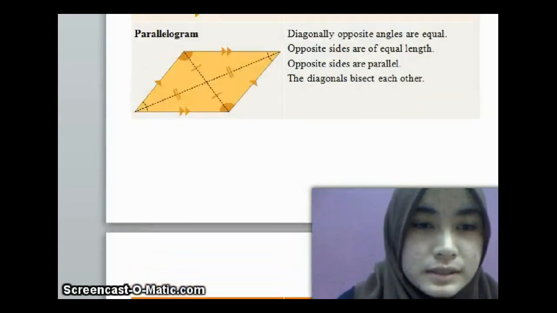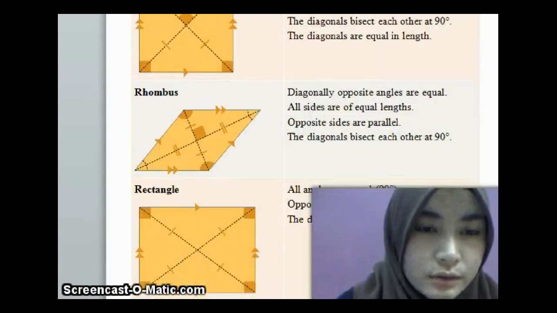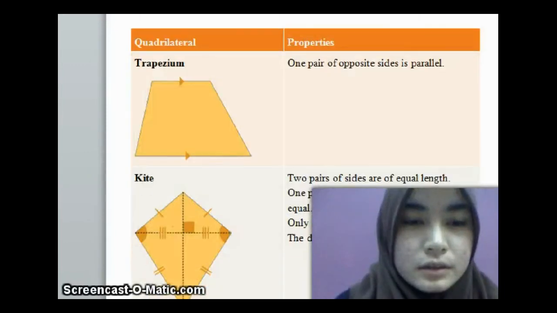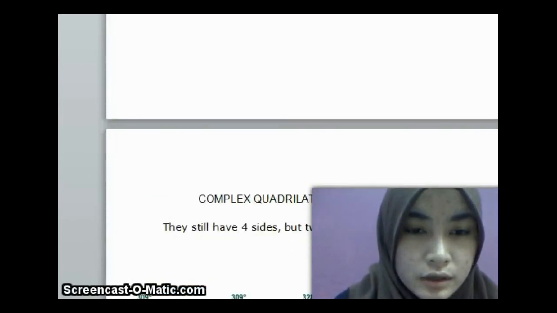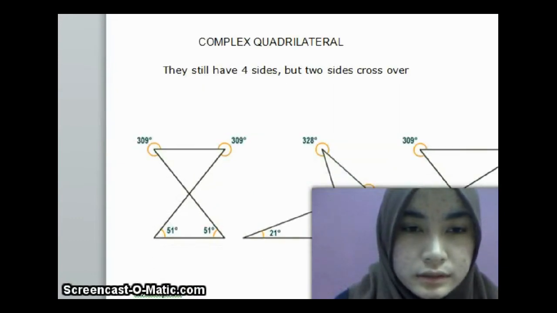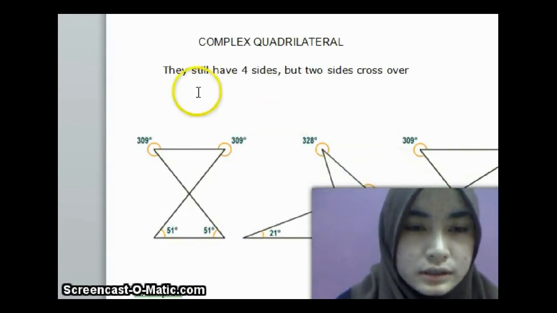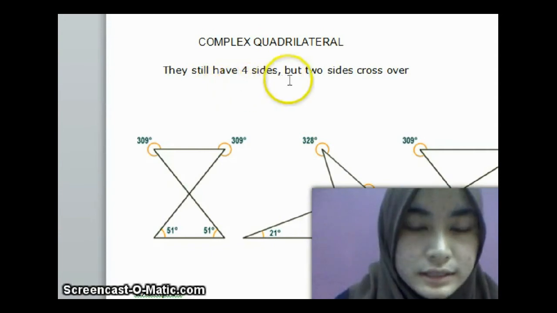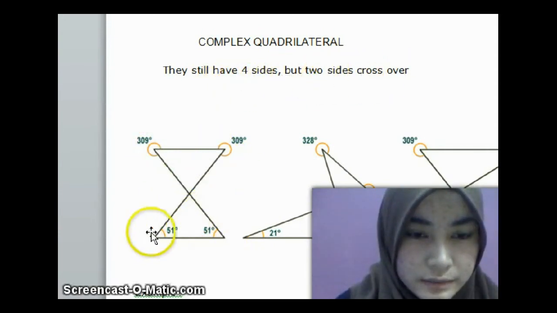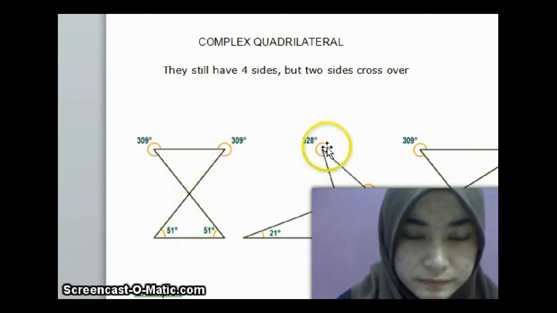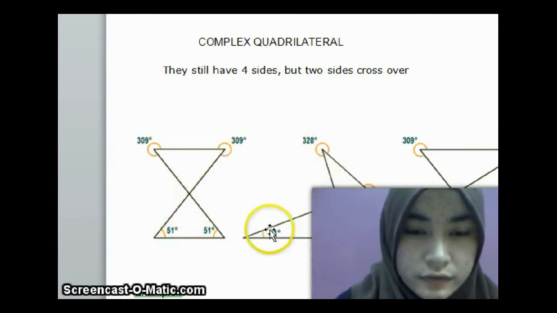Next, besides the square, rhombus, rectangle, parallelogram, trapezium, and kite, we also have complex quadrilateral. Complex quadrilaterals still have four sides, but two sides cross over, like in the example.